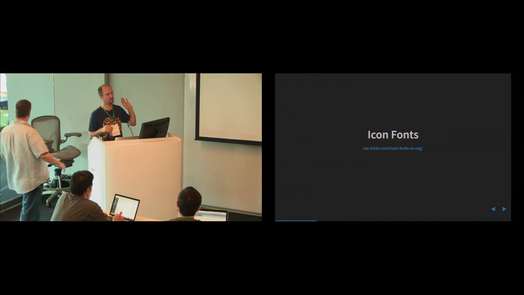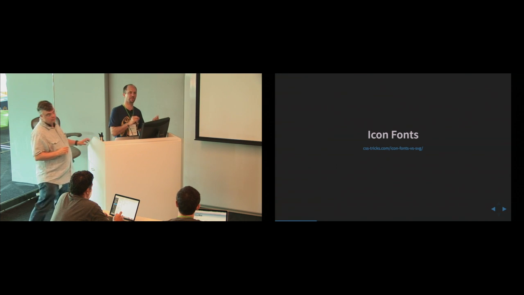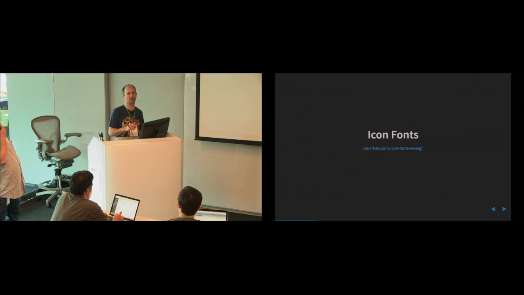SVG is a lot easier to maintain than using a whole icon library, because if you need to modify or add an icon to that library, you have to rebuild the entire font, whereas with an SVG image, you could just re-add that image and then recompile it and deploy it. And there's a great article on csstricks.com, icon fonts versus SVG cage match, and you can decide the outcome.